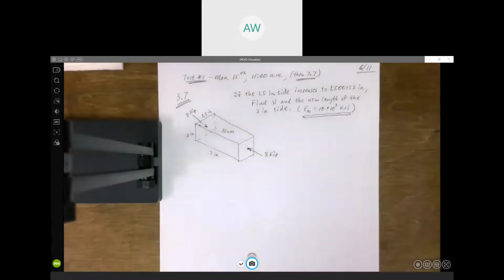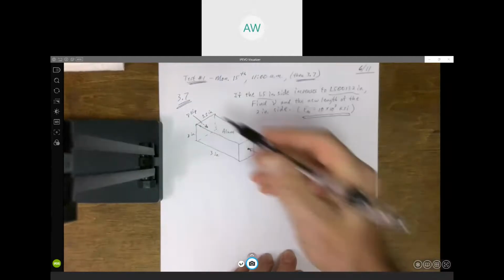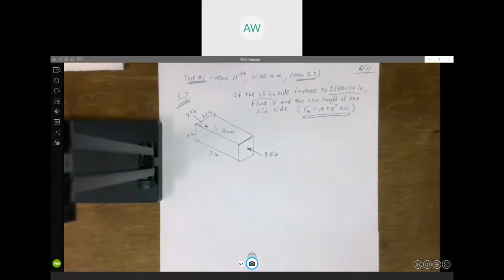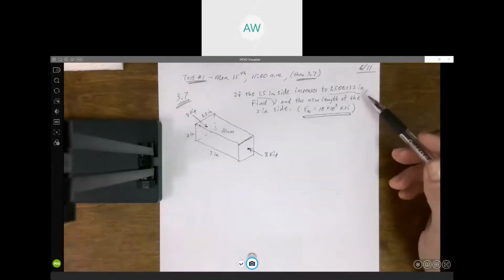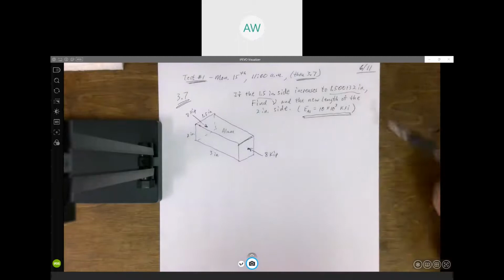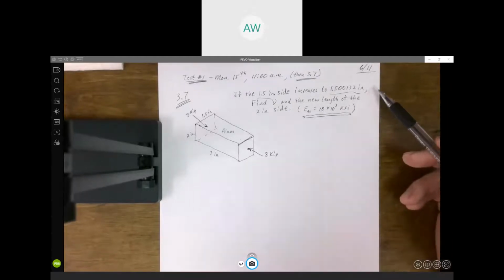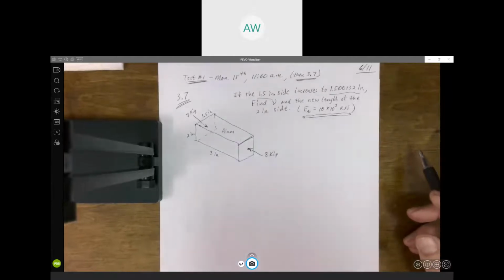It's actually going to get bigger in the lateral directions, evidenced by the fact that we're told that this 1.5 inch side increases. So it starts out 1.5 inches. When it's compressed, it increases to that value that's just over 1.5 inches. And notice also this confirms previous discussions that we're talking about really, really small deformations here. So be careful, don't round off too much. You can significantly affect the answers you get if you do so.